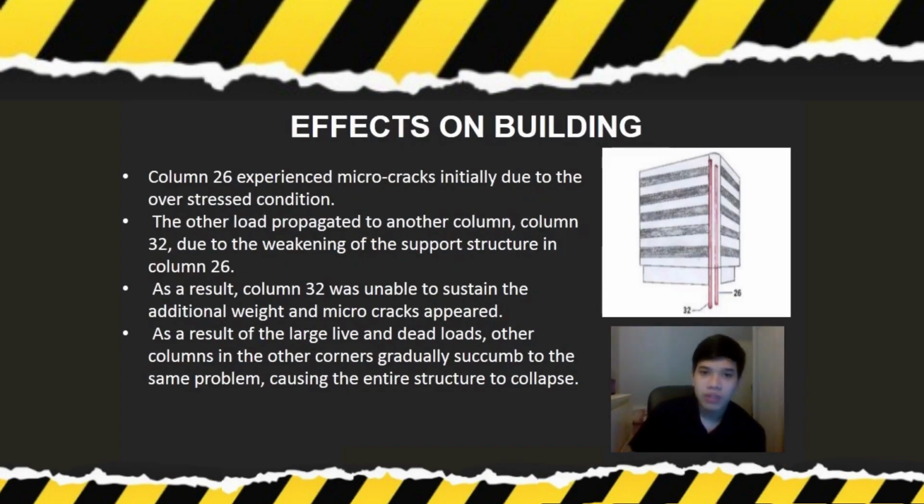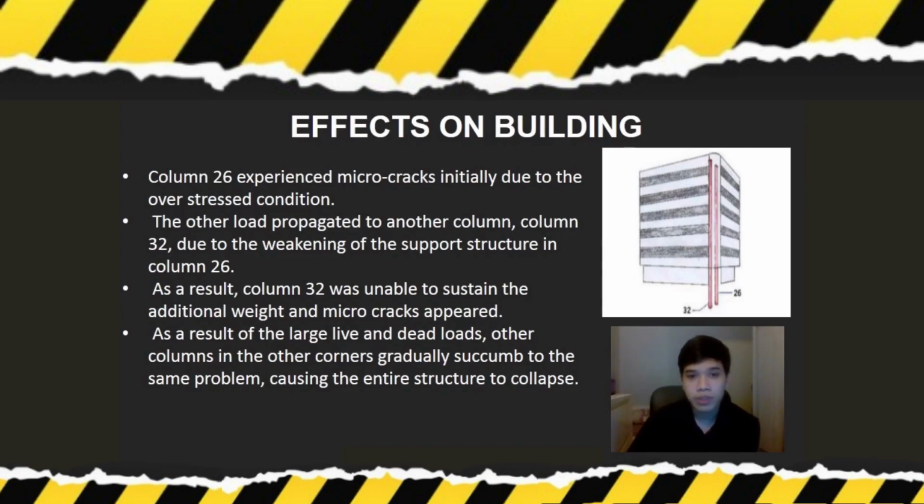So as I explained in the last slide, the collapse had something to do with the columns. As we can see in this figure on the right hand side, there are two columns, column 26 and column 32. Column 26 experienced micro cracks initially due to the overstress condition.